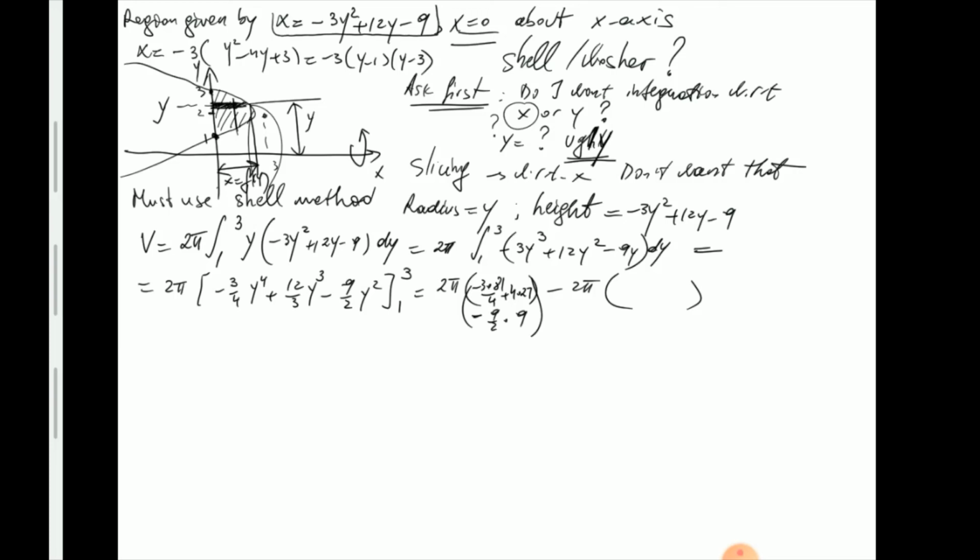So that's inside the big parenthesis. Sorry for the mess. Minus 3 over 4 plus 12 over 3 minus 9 over 2. How about you compute it as an exercise to finish it up? You should simplify in the end to 16 pi. You can use the calculator if you want.